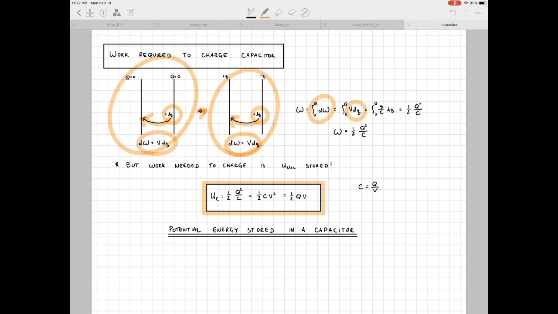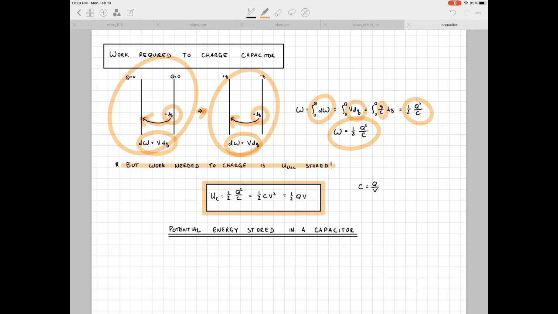Then I'm going to substitute the capacitance expression for V, Q over C. Then I do the integral of Q dq, which gives me 1/2 Q squared, and I still have that factor of over C. That's what I get for the work required to charge up a capacitor with capacitance C up to a charge Q: 1/2 Q squared over C.